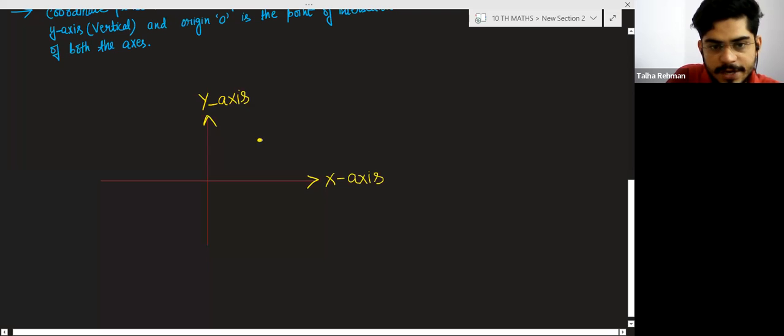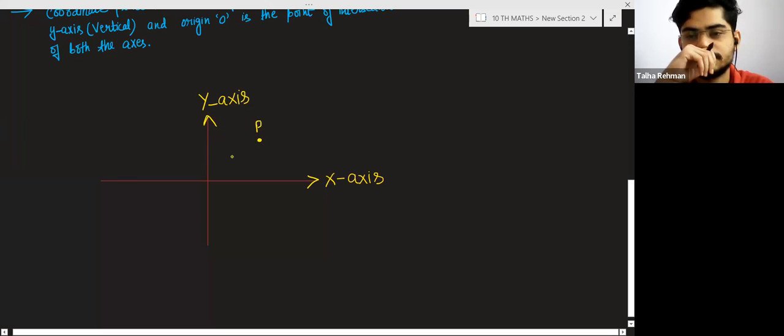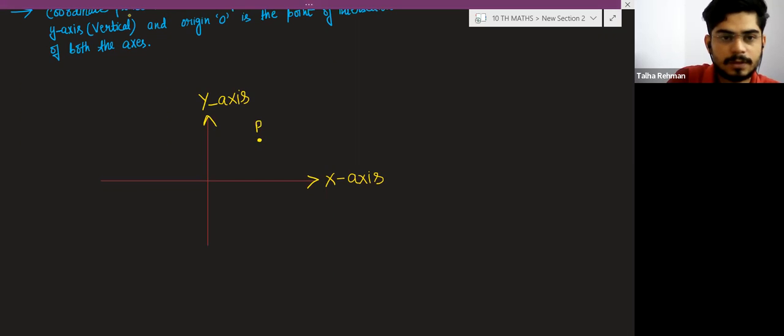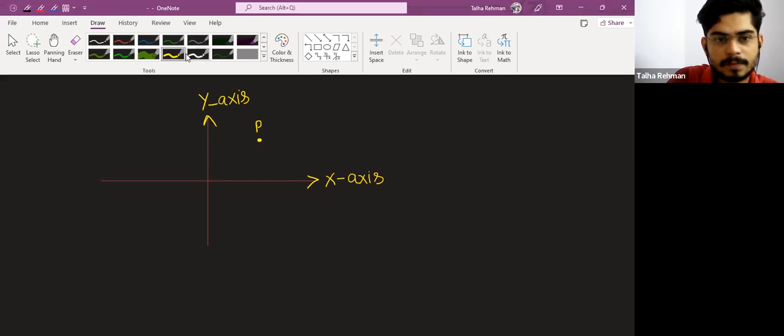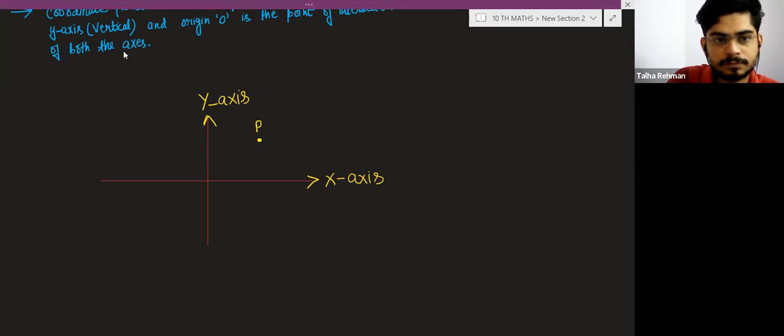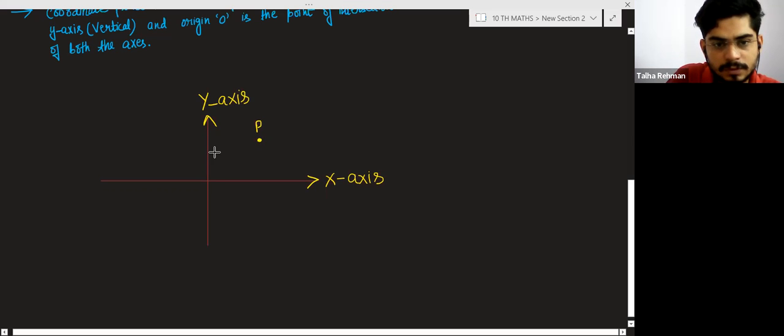Suppose there is a point here, P. P is a point, and from this point I am drawing a perpendicular on the y-axis.